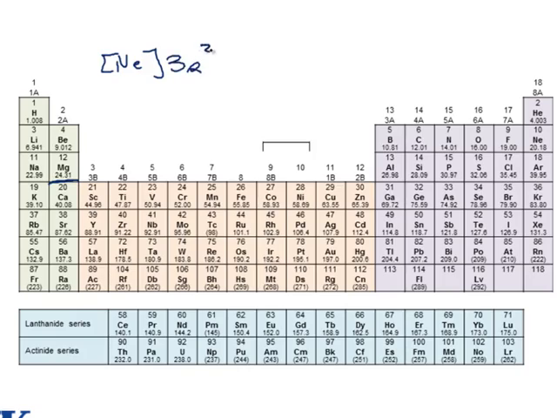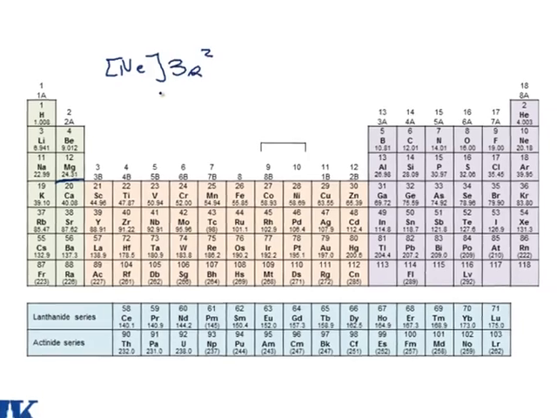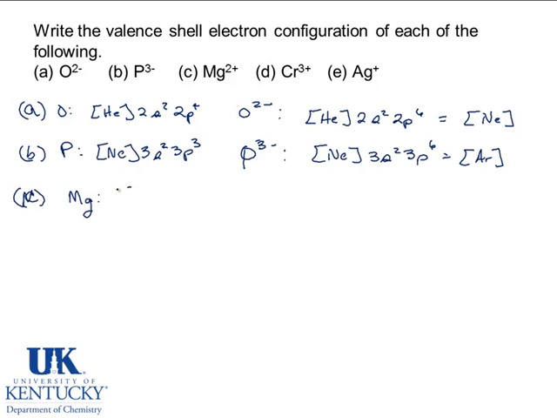And magnesium is 2 boxes over, so it's 3s2. So neon, 3s2. So magnesium with a 2+ charge, you're now going to be removing 2 electrons. They come from the outermost shell, highest n available, so it's these 2 electrons we're going to take out, and we would put neon. And so that would be the electron configuration of magnesium with a 2+ charge.